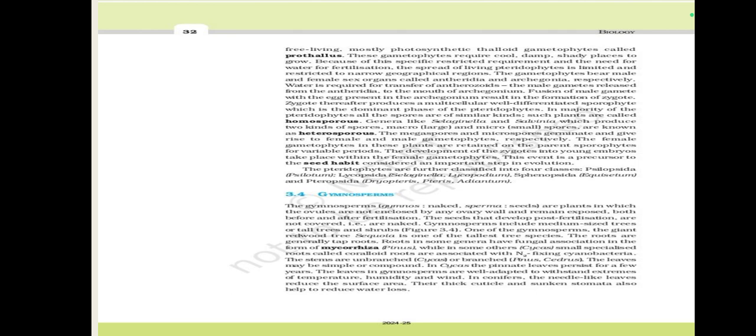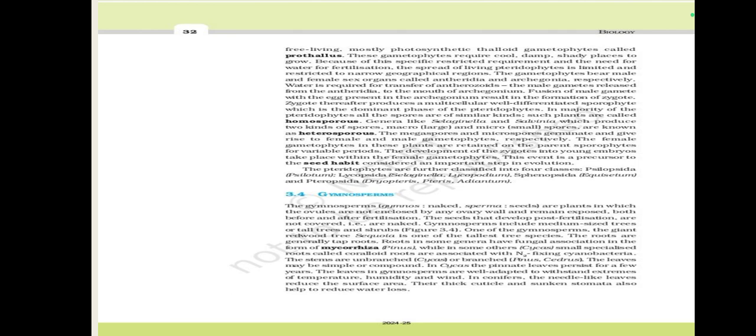Gymnosperms. The gymnosperms are plants in which the ovules are not enclosed by any ovary wall and remain exposed both before and after fertilization. Gymnosperms include medium-sized trees or tall trees and shrubs.